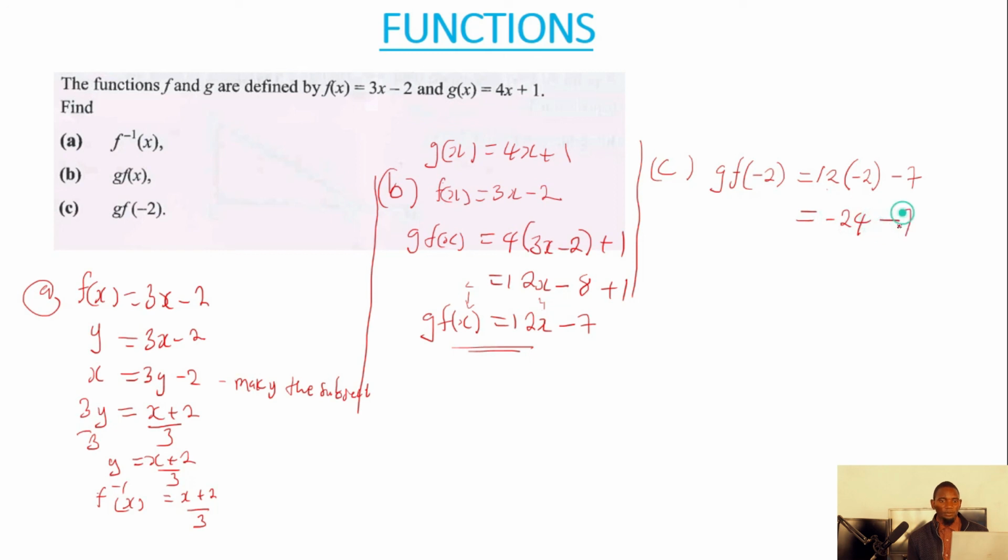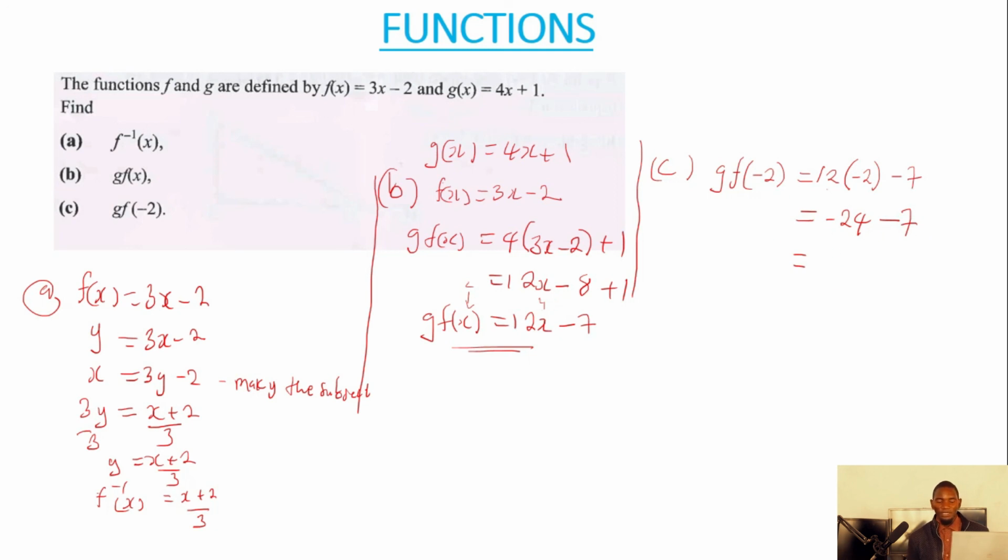Remember, in paper 1, according to ECZ, you're not supposed to use any calculator. Okay, so now we are saying what is negative 24 minus 7? When you have two signs, you add, but you get the sign that is on the bigger number. And mostly if they are the same, just get the one that is there. So if it's positive, you get positive.